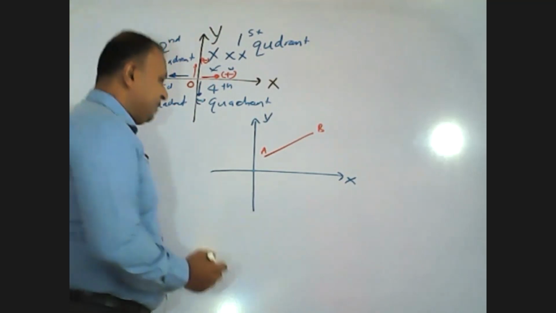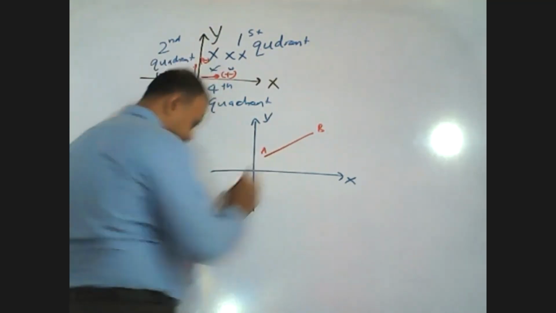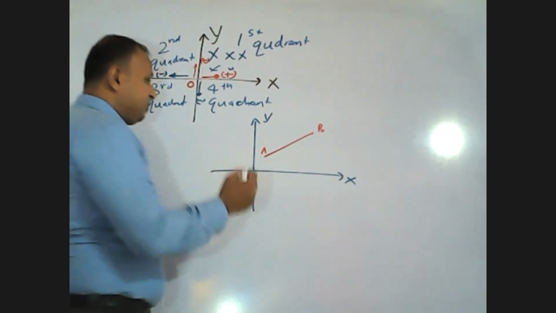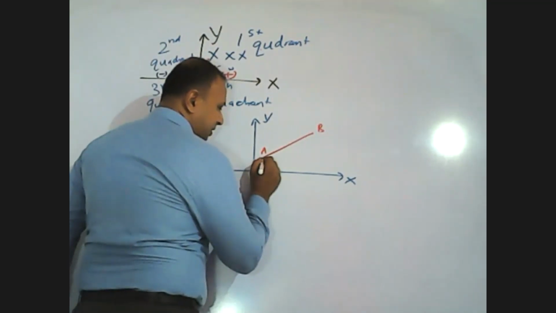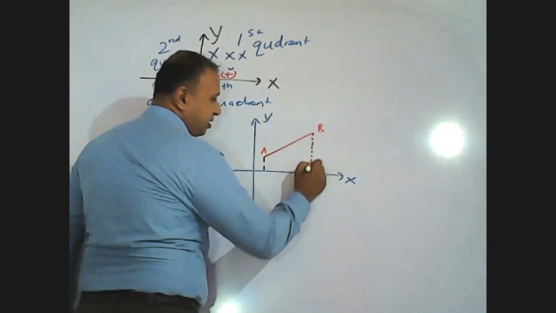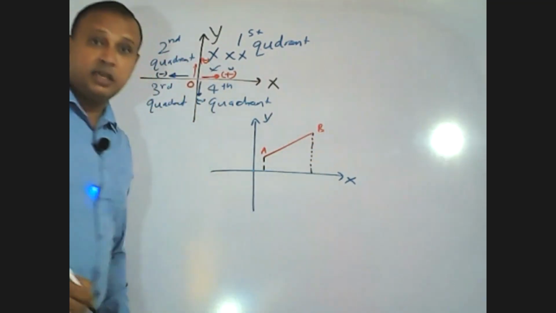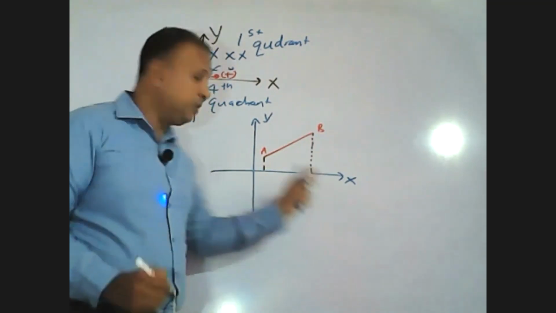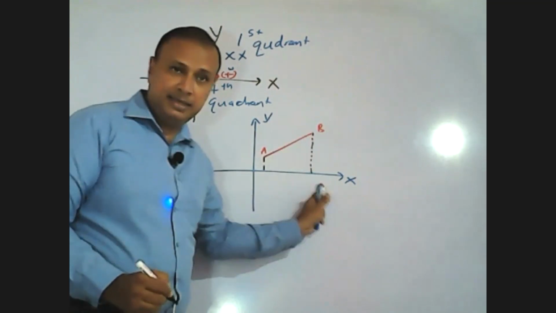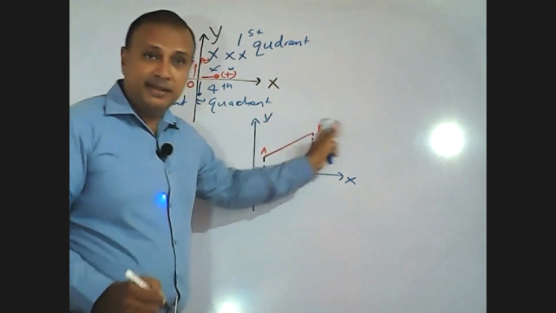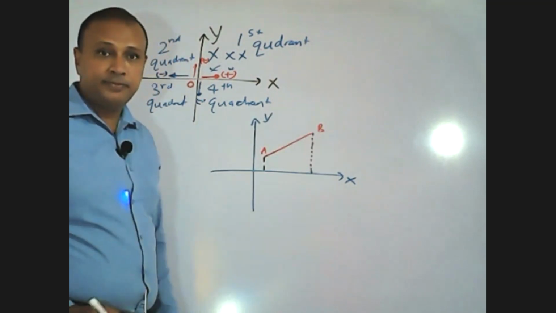In this case, we have to draw perpendiculars from each corner to the x-axis. If we want to get the perpendicular projection of AB on the x-axis, we have to draw perpendiculars from each end to the x-axis.